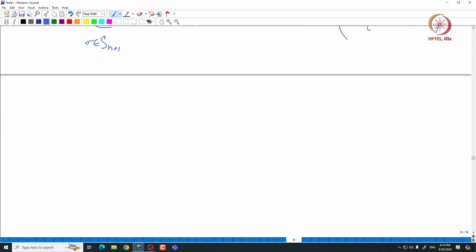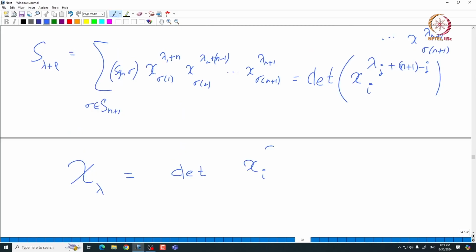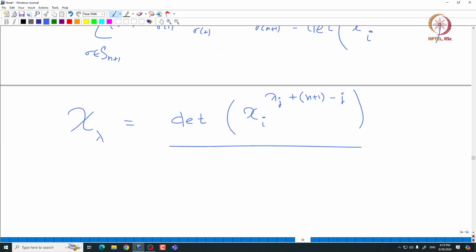Then you can write this chi lambda using this determinant formula: the determinant of xi power lambda j plus n plus 1 minus j, divided by the determinant of xi power n plus 1 minus j, where these are n plus 1 times n plus 1 matrices.